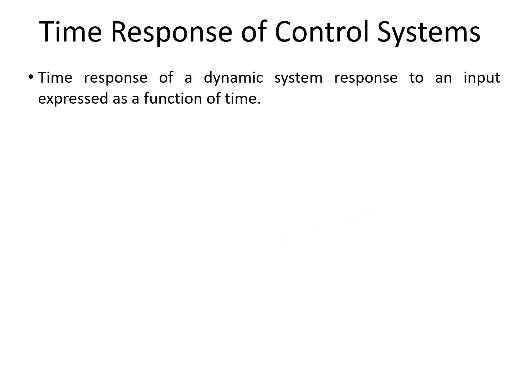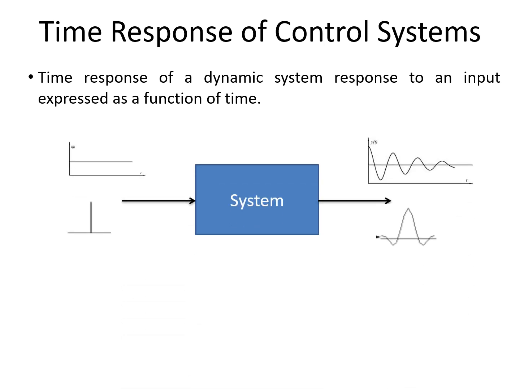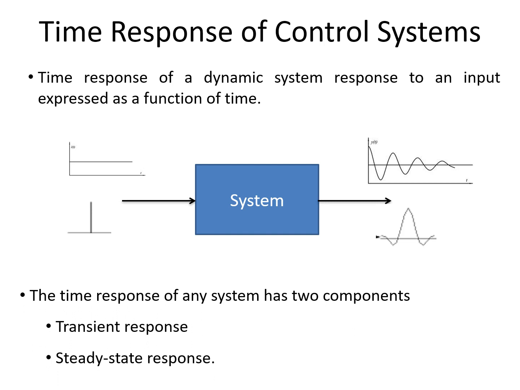Now coming to time response of control system. Time response of a dynamic system is nothing but a response to an input which is expressed as a function of time. So this is shown with the figure here. I have a system which I have taken here with some input. We have two types of response: one is called transient response, another is called steady state response.